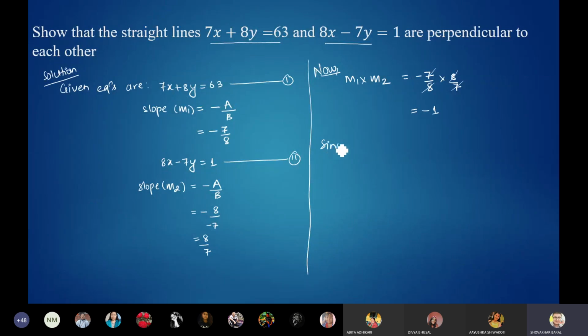So let's write the conclusion. Since m1 times m2 is equal to -1, therefore the given straight lines are perpendicular to each other.